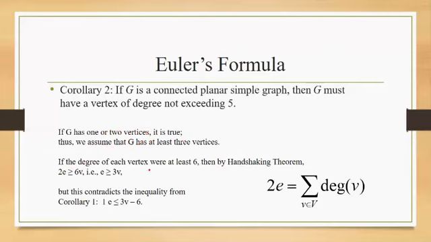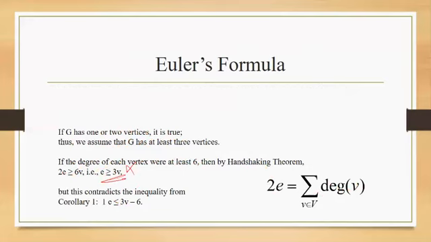If the degree of each vertex were at least 6, then by our theorem, 2 times the number of edges will be equal to the summation of all degrees. So 2E is greater than or equal to 6V, and E is greater than or equal to 3V. This is incorrect, because we have seen what the equation should be.